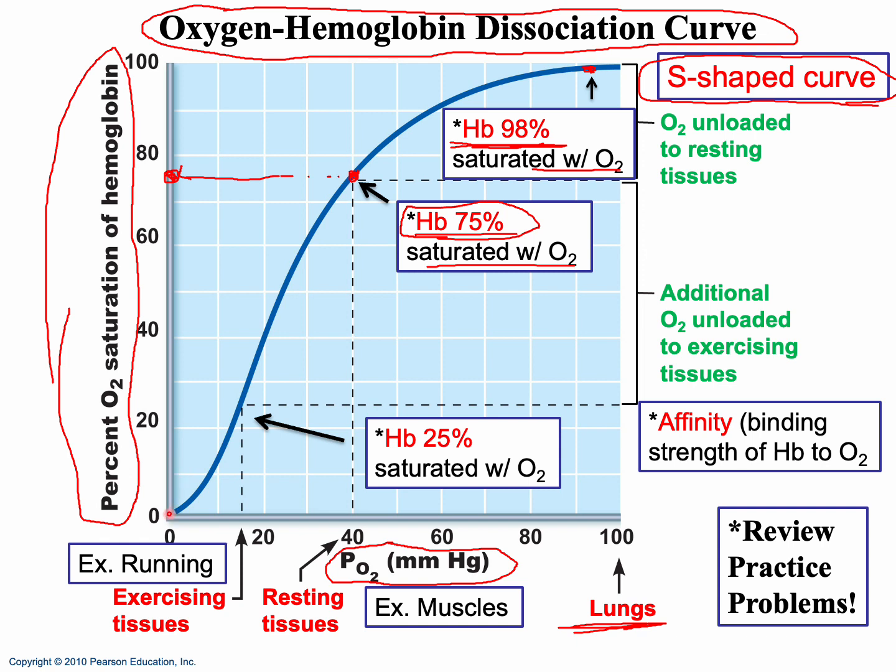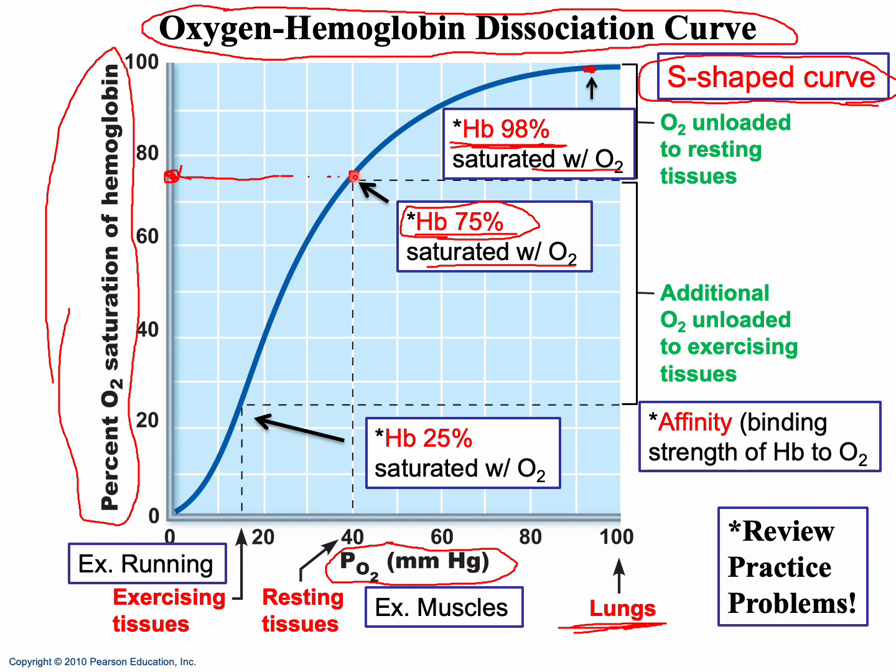So here's 0 on the graph, then 10, 20, 30, 40, 50, 60, 70, and here's 75. Then you just follow that over horizontally till you hit the curve on the graph, and hence you end up with a 75% saturation level.